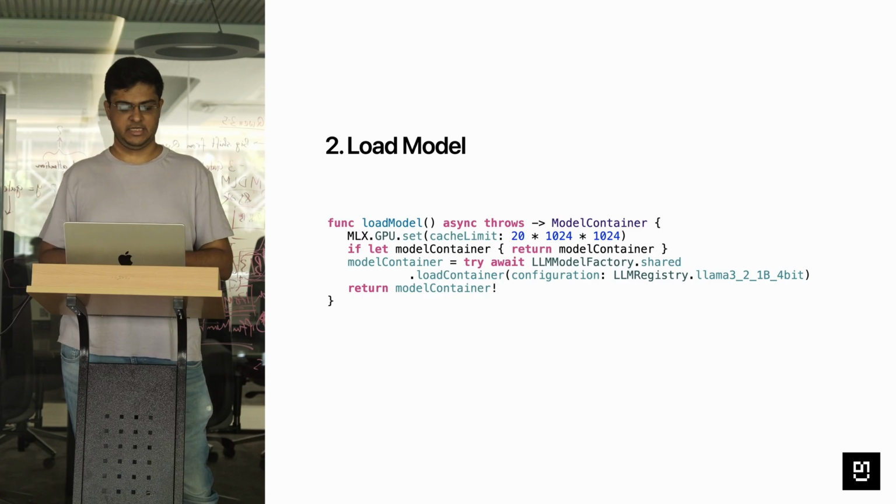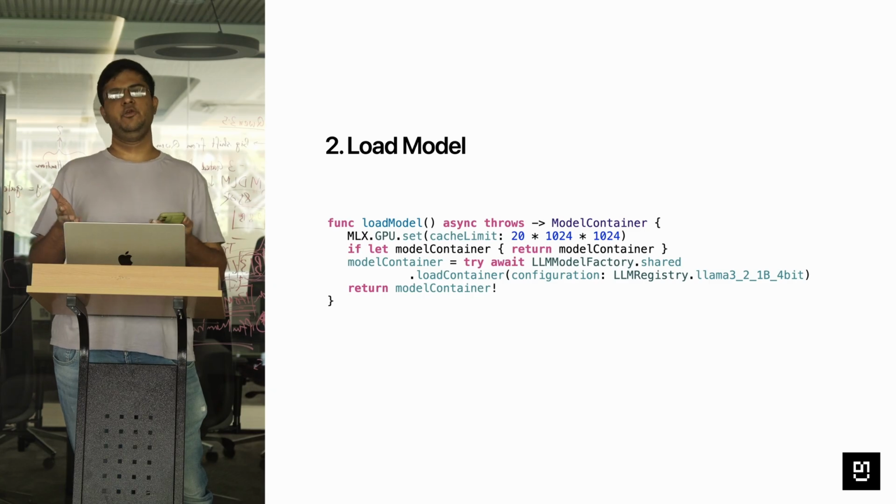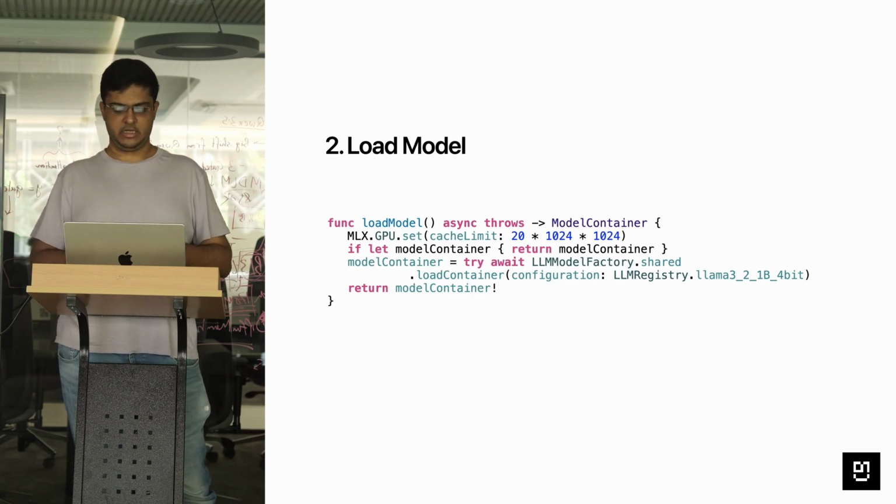You can set the caching limit, and there are a lot of models you can load. Basically, you need to have it 4-bit quantized. I loaded a 1 billion Llama 3.2 model because that's what could support my iPhone 12 with 4 GB RAM. If I run a 3 billion, it will crash because it's a low-end device by today's standards.